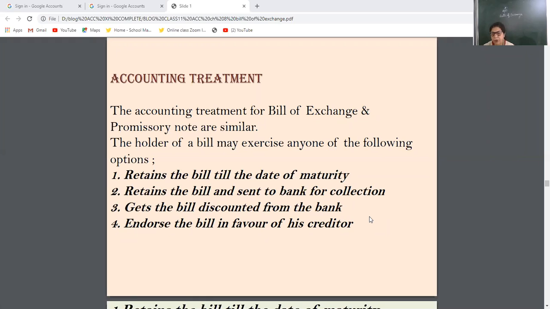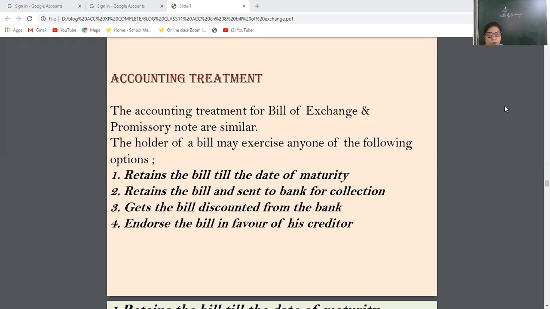This gives safety to the bill. And third, gets the bill discounted from the bank. It means if the drawer wants early payment before maturity, he can discount it from the bank and endorse the bill in favor of his creditor.